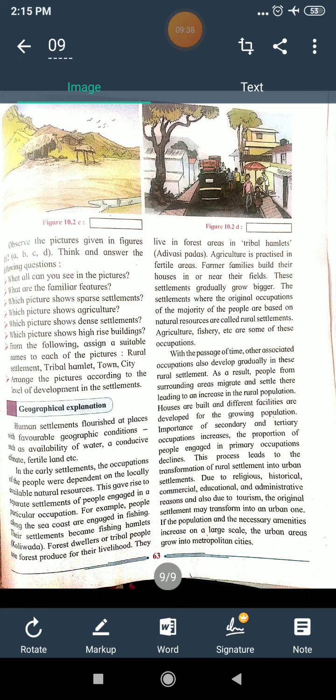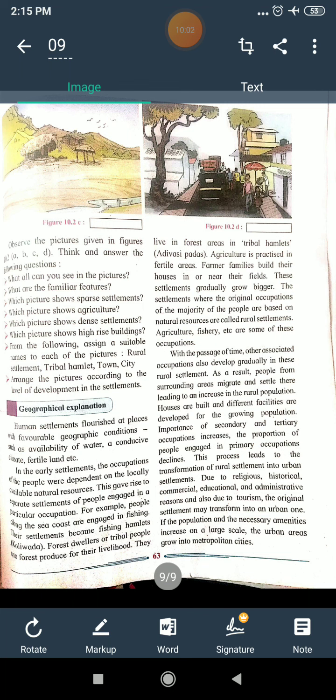This process leads to the transformation of rural settlement into urban settlements. So as and when industries started growing in these rural areas, people started schools, banks, colleges, and so many other tertiary sectors were also developed. So this turned the rural settlement into what? Into urban settlement.